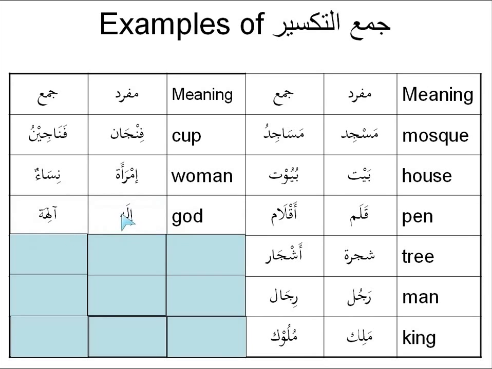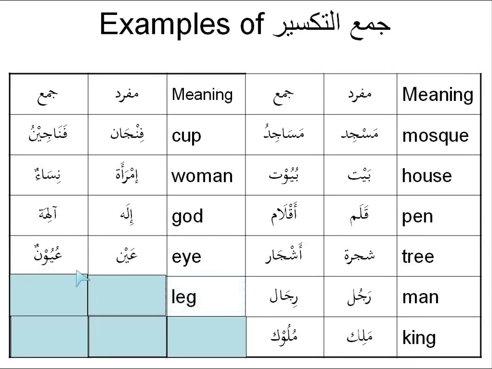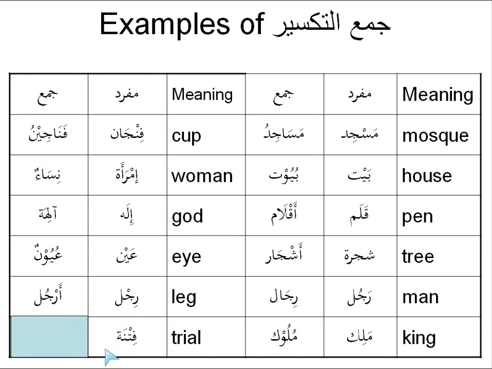And traditionally the alif that's between the lam and the ha is not written. Ilahun, alihatun. Eye, ainun, uyunun. Again a change in the vowels and a waw is inserted between the second and third letter. Leg, rijlun, arjulun. And trial, fitnatun and fitanun.